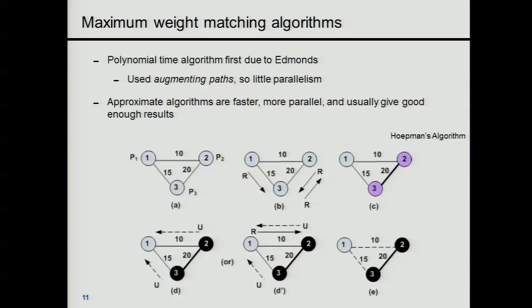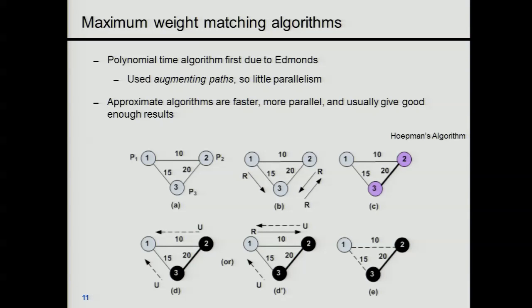Okay, so at the first step, 1 sends a match request to 3, 2 sends a match request to 3, 3 sends a match request to 2. So now 2 and 3 realize that they have exchanged match requests, which means they're happy with each other. So then they match and send refusals to all their neighbors, or anyone who sent them a match request.